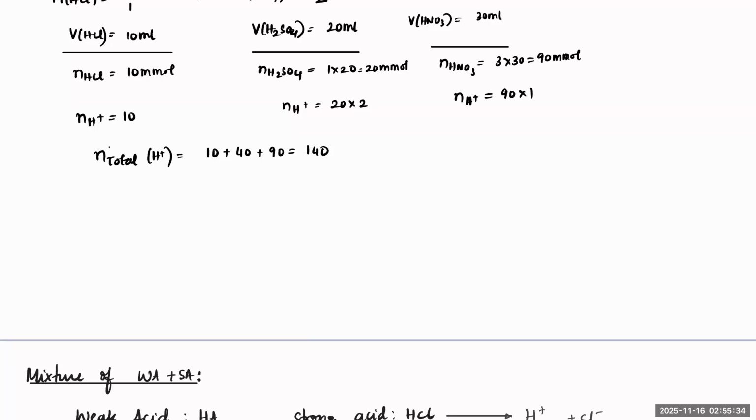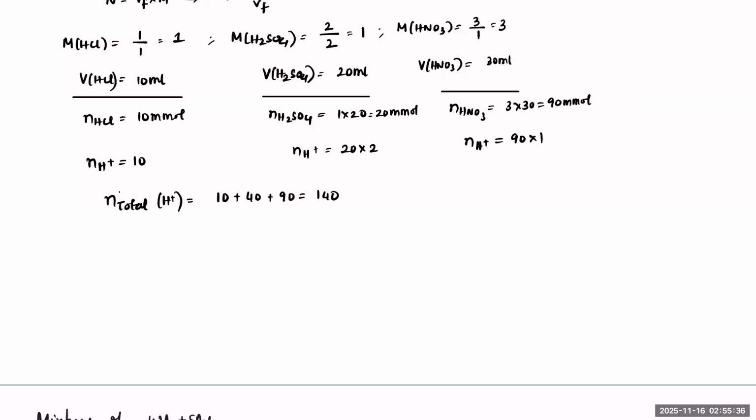I'm hoping that all of you got this. This is the total number of millimoles of H plus, 140 millimoles. What is the total volume? Total volume is 10 plus 20 plus 30, which is 60 ml.